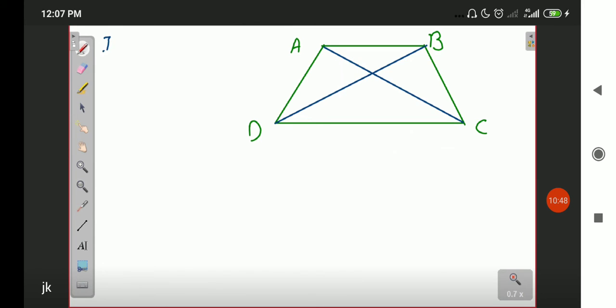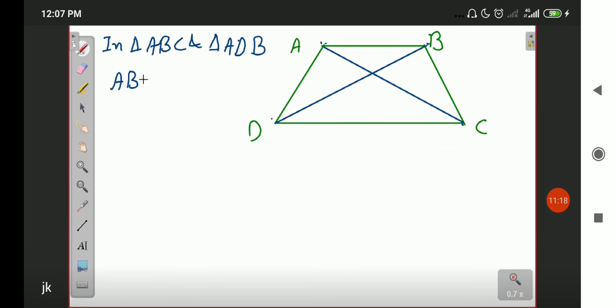I misspoke. We have to prove that triangle ABC and triangle ADB are congruent. In triangle ABC, it is this triangle, and ADB, it is this triangle. We have to prove that both of these triangles are congruent. That is quite easy.